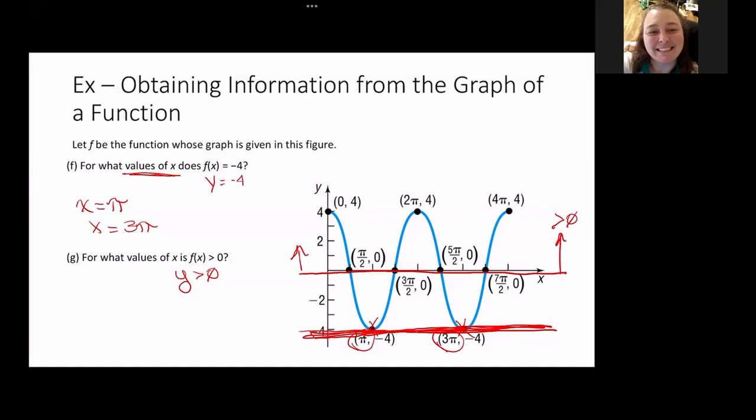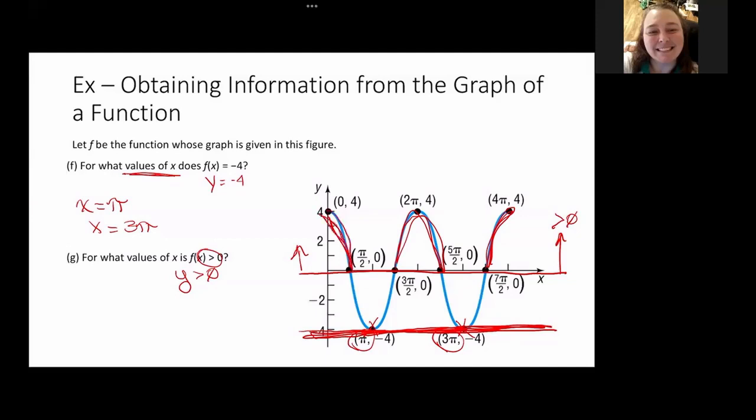We've got 3 different pieces making it greater than 0: this piece, and that piece, and that piece. Remember, this is not a greater than or equal to, so we're going to have some round brackets.